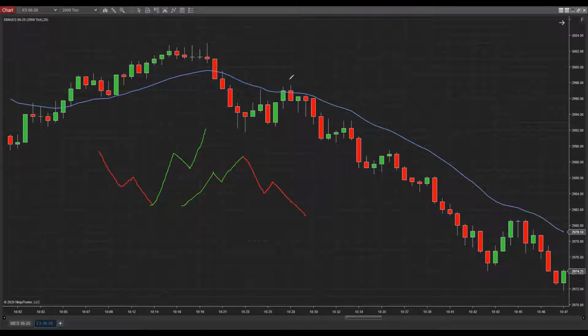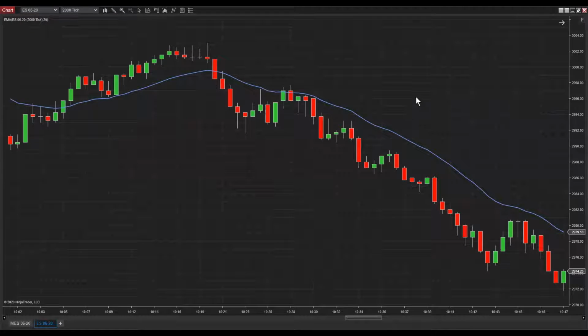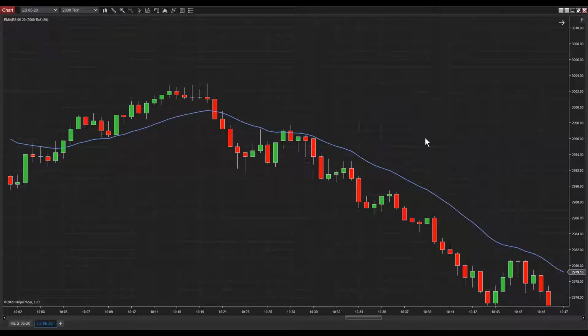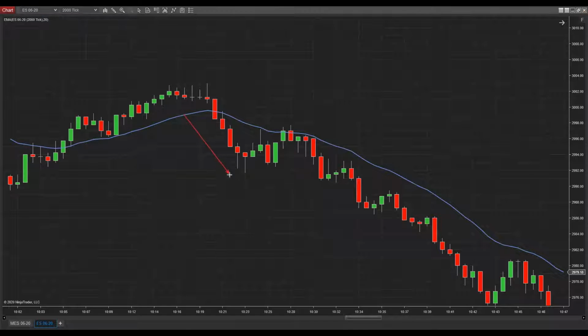We'll review one here. First, recognize the trend. Here we see a trend going to the downside with strong bear bars, as seen here.